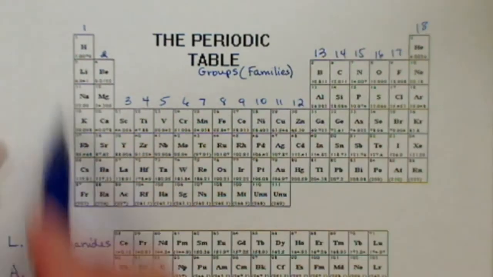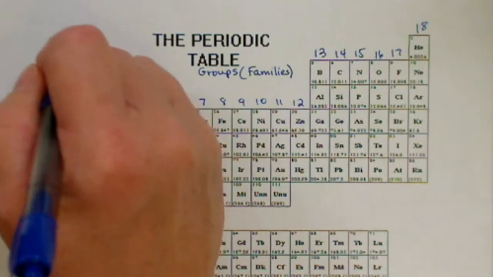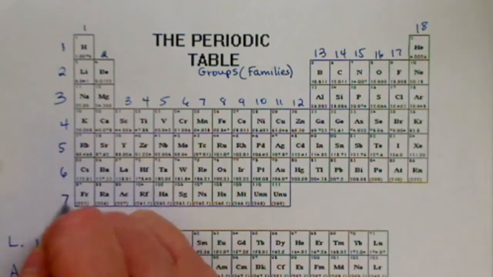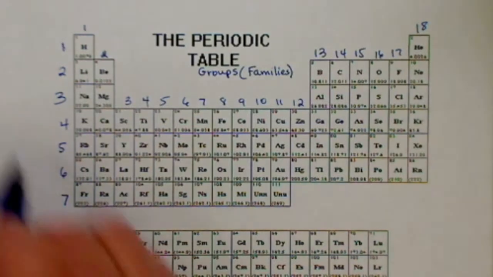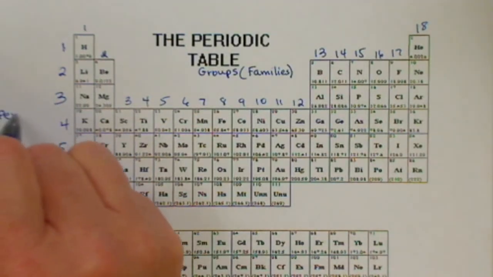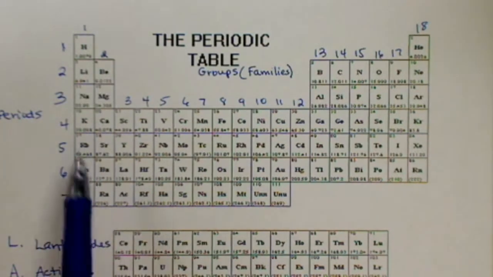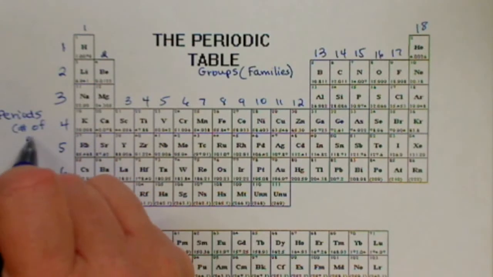All right, going down the side here, you have periods. They're the rows. 1, 2. Go all the way to 7. These are your periods, and they are just the rows. So what they do is they number the columns, they number the rows. It makes things a lot easier. I am going to tell you that the period number is going to give you the number of energy levels that those atoms have.